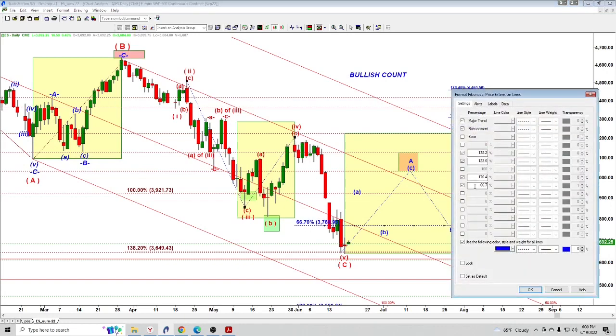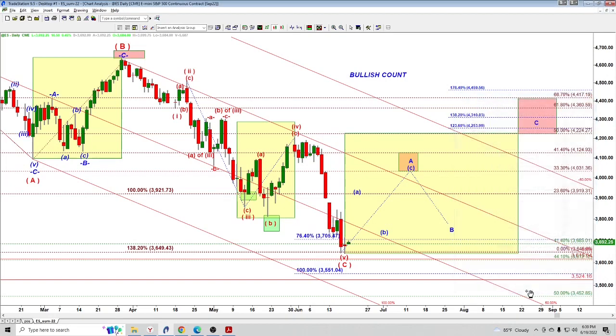Let's add 76.4% extension. Let's add 100% extension. So what you're gonna see is that we tagged 76.4% extension of wave 3, but we have not actually extended to 3550, which is 100% extension of wave 3. So as long as we are over 3550, wave 5 is smaller than wave 3.